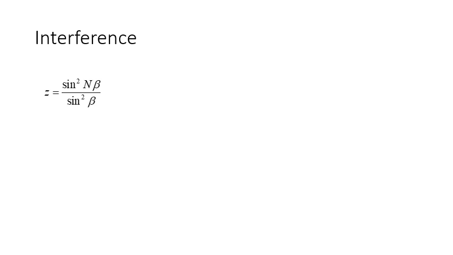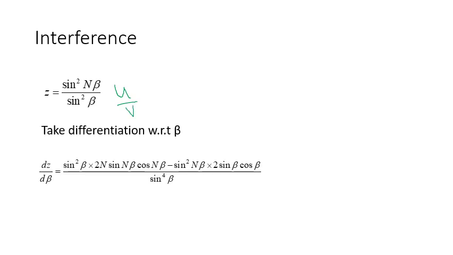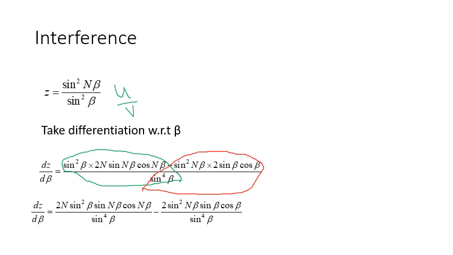Here we have u by v, so we are supposed to apply the u by v formula. If we apply it, we get a term like this, and I'm going to split this term into two: this is the first term, and this is the second term. So we will get an expression like this.